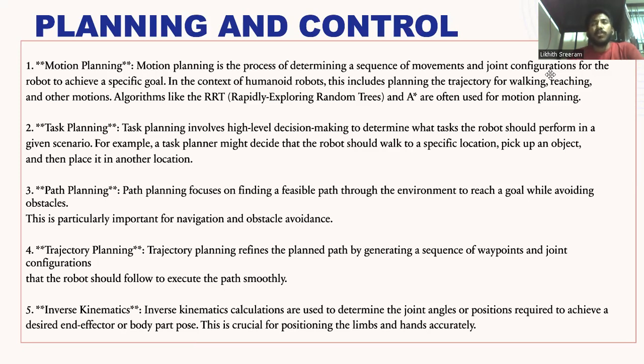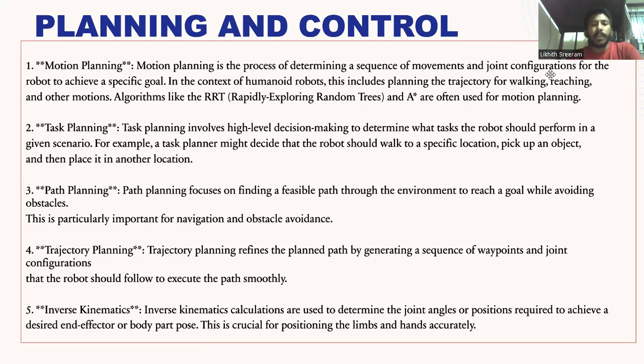In this task planning, we'll use the AO star algorithm because in the AO star algorithm, along with the tracking, there will be a concept of backtracking, which helps the humanoid robot to find out each and every neighboring node of a pickup or dropout location.